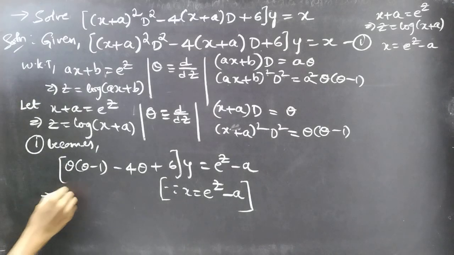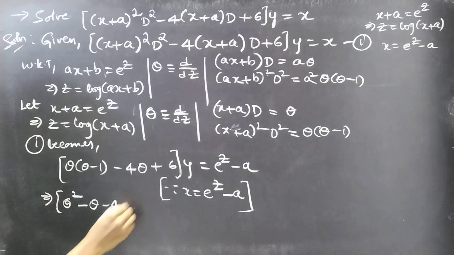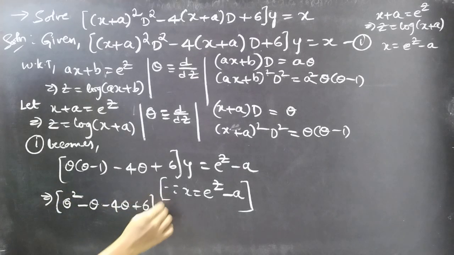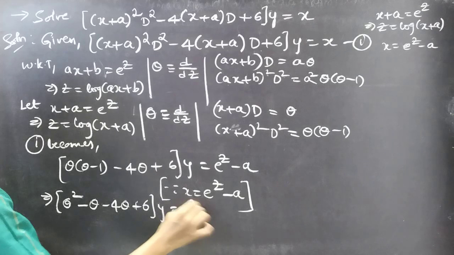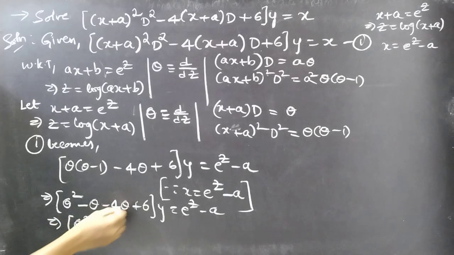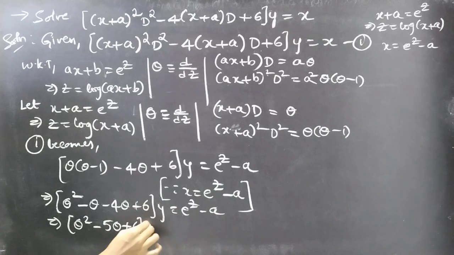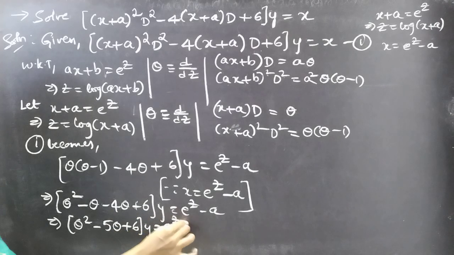This becomes θ(θ − 1) − 4θ + 6 y = e^z − a, or θ² − θ − 4θ, which gives us θ² − 5θ + 6 y = e^z − a.